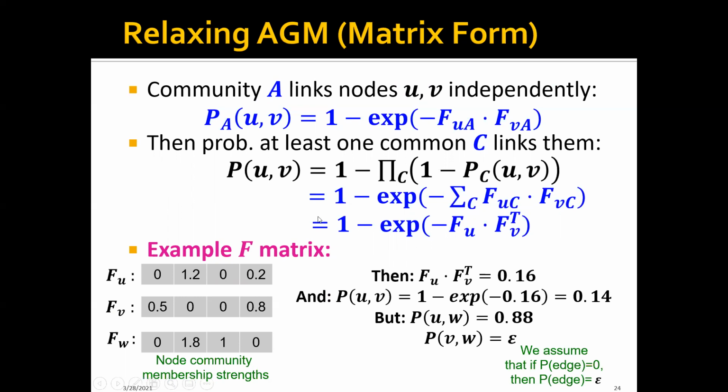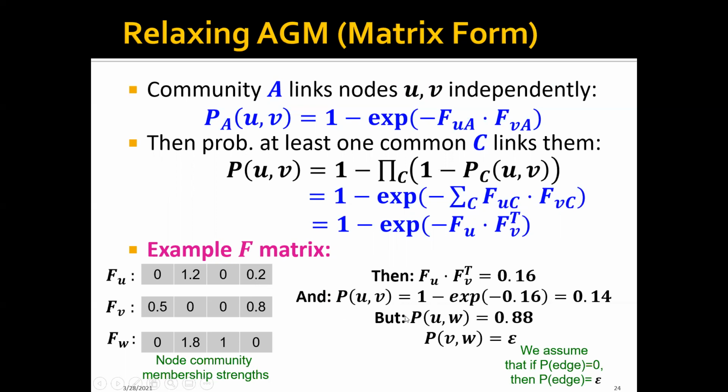If you substitute this into the equation, you can calculate the probability that u and v are linked, which is 1 minus the exponential of minus 0.16, and this is equal to 0.14. It's not a large number. Looking at this F matrix, the only reason that u and v have a probability of linking is that they both belong to the 4th community, but the number is relatively small.